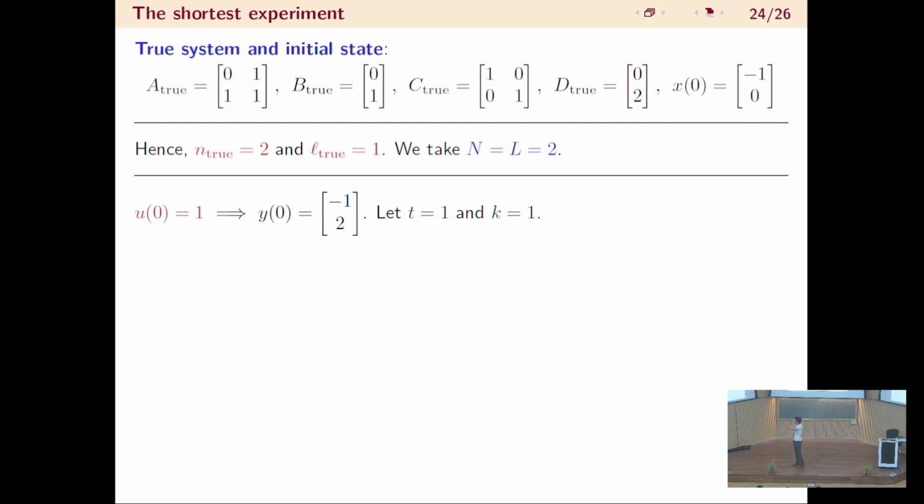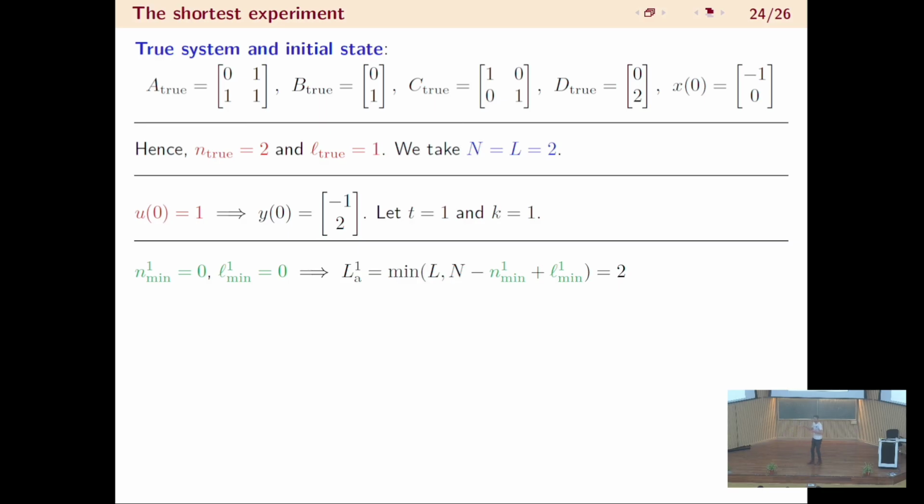So I choose U0 to be 1, and I collect the corresponding output, Y0. According to my algorithm that I showed on the previous slide, I set T to be 1, and the depth of the Hankel matrix to be the simplest one possible, just 1. So we always start with the depth 1 Hankel matrix.